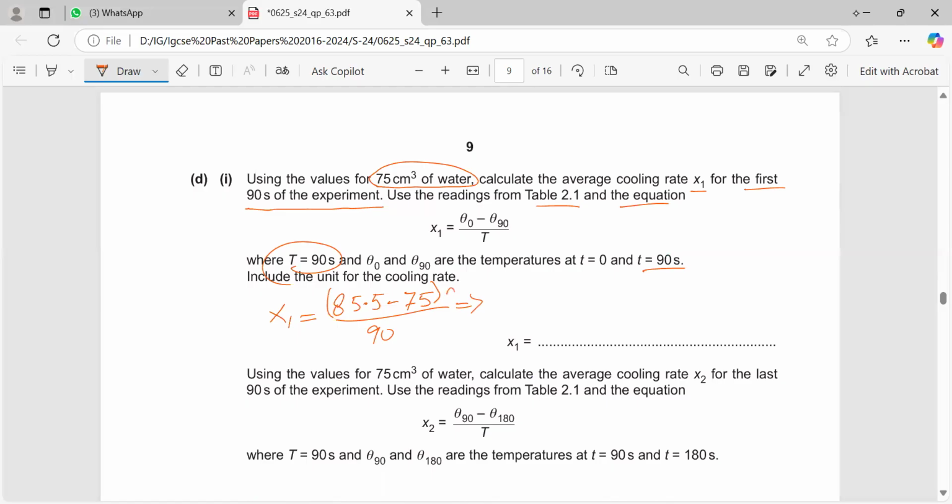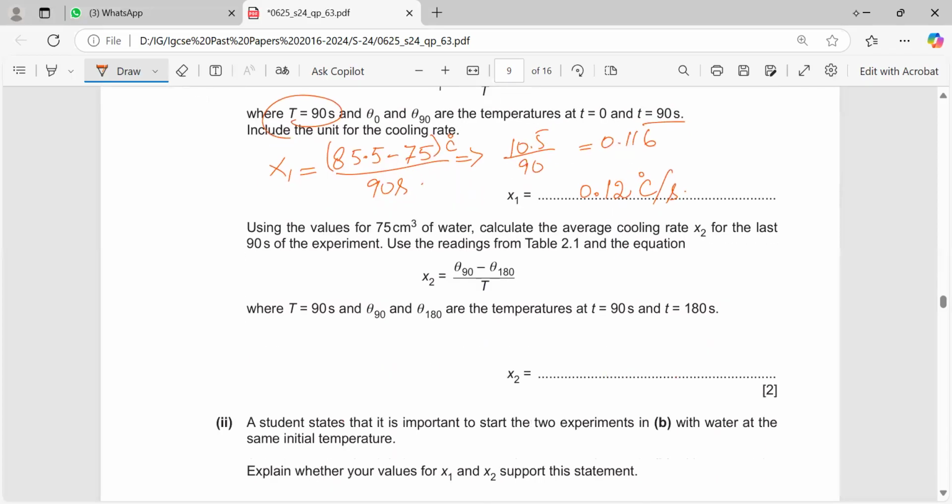One is in degrees Celsius and this one in seconds. So 85.5 minus 75 is equal to 10.5 over 90. Divided by 90, we are getting 0.116. So I'm writing here 0.12 degrees Celsius per second.